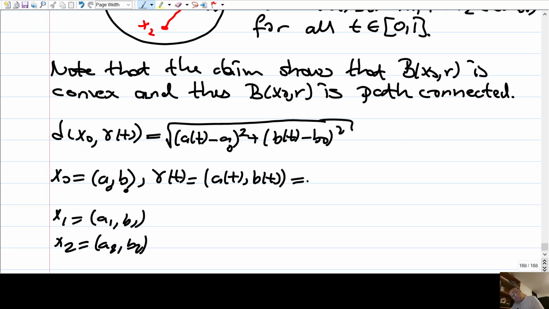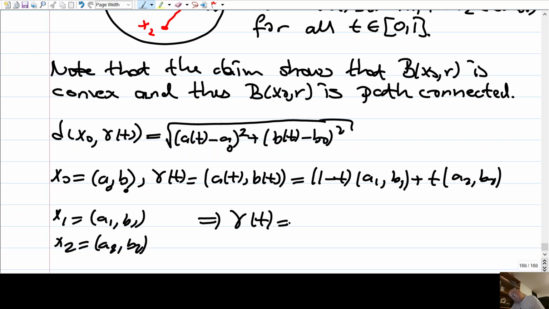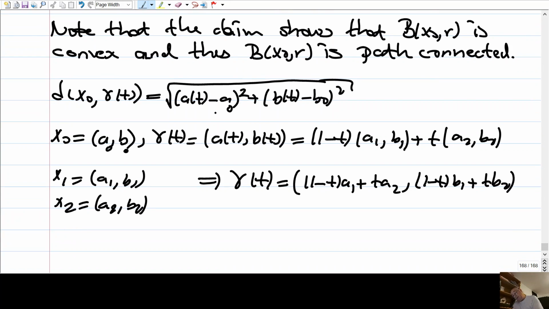Then gamma t is just 1 minus t a1 plus t times a2, 1 minus t b1 plus t times b2, and then you have to subtract a0, b0 and take the square and so on.